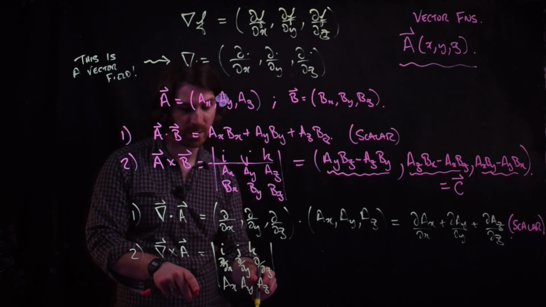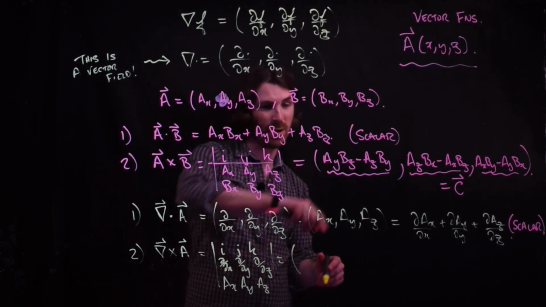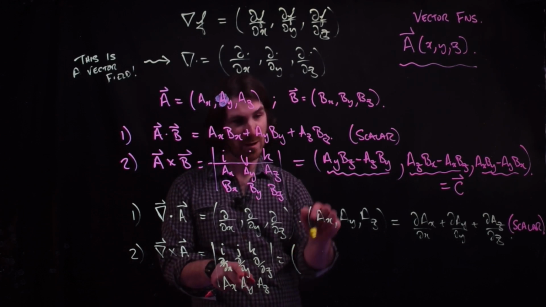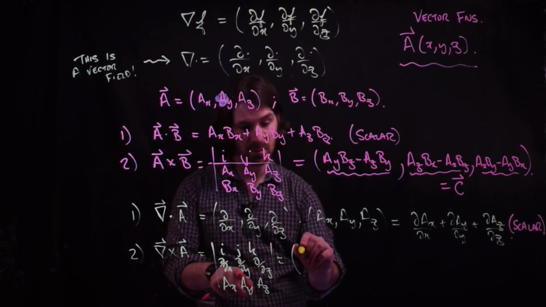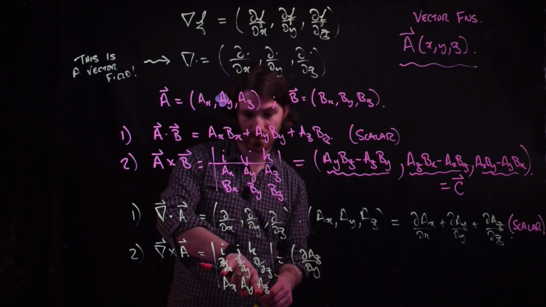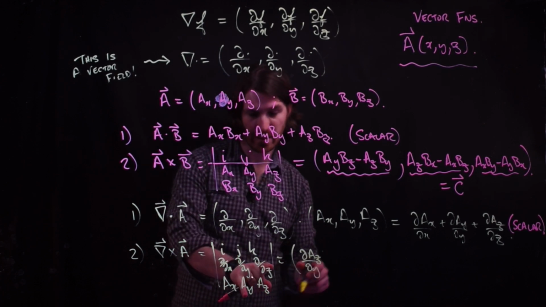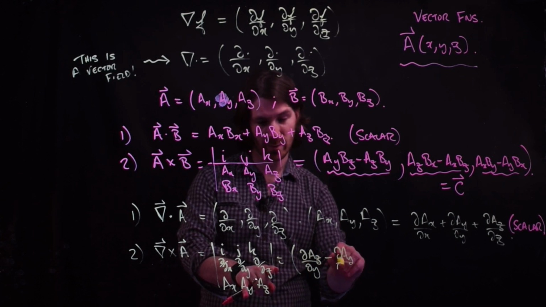It's this kind of determinant. So here, where we have ay bz, we've got the y component of nabla, which is d by dy. So it's daz by dy, minus day by dz.